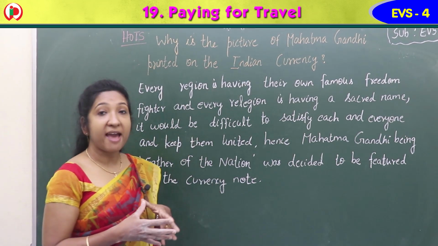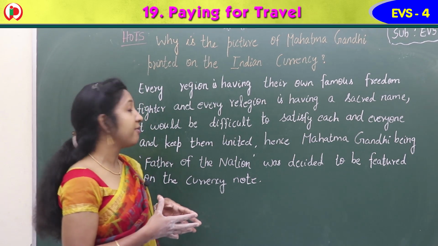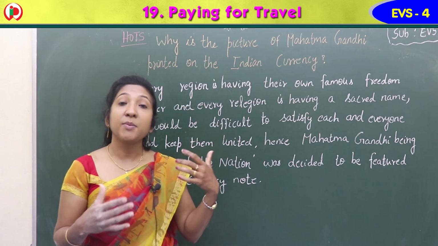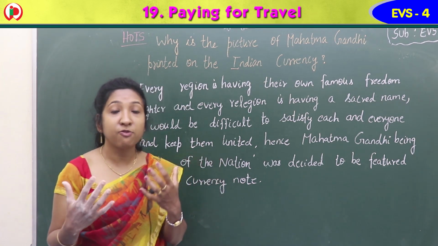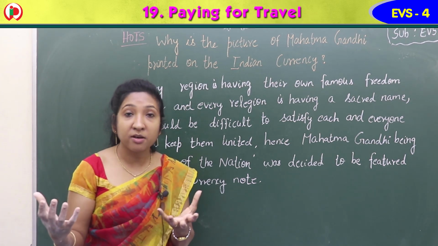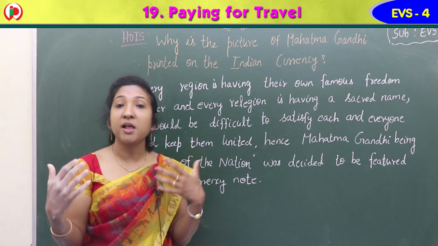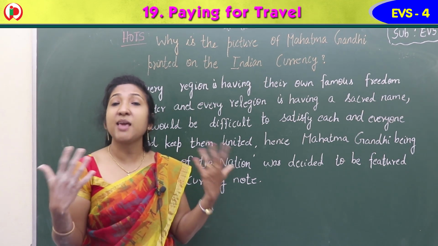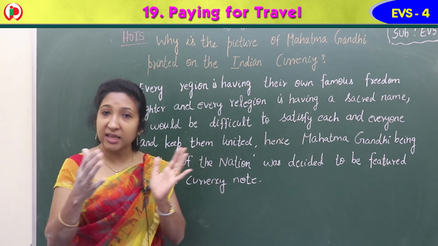Every region is having their own famous freedom fighter. In every region we can see many freedom fighters who fought for the rights of our people. We can see many names of freedom fighters in each region.